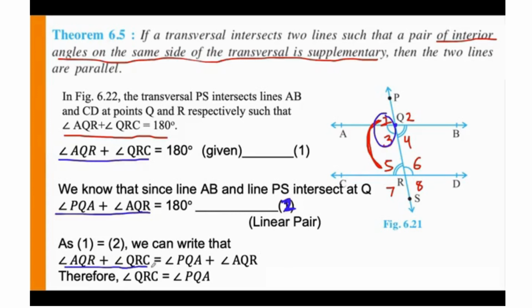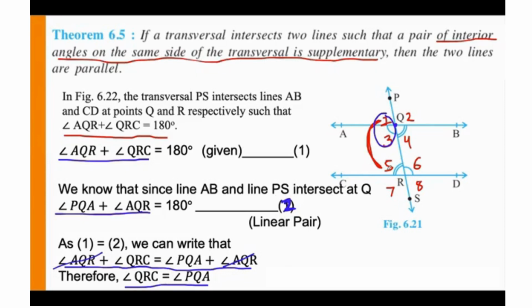Now, on both sides I have AQR, which will cancel out. So what do I get? QRC is equal to PQA. So QRC, angle 5, is equal to PQA, angle 1.